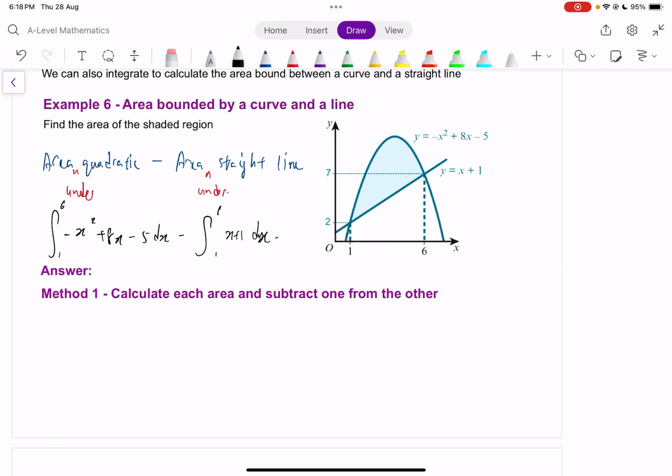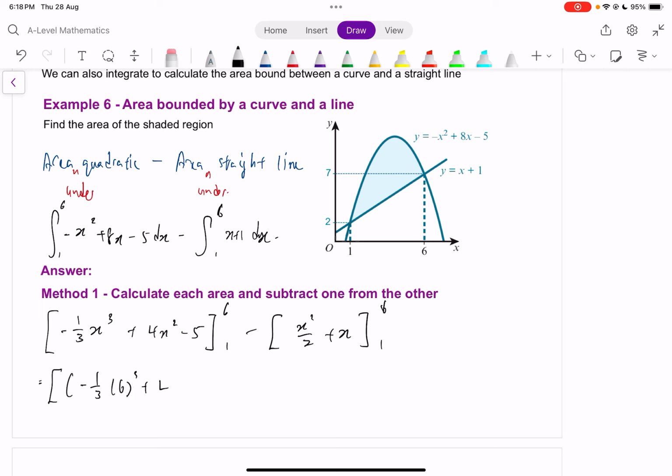So that makes it, my brain is not working, negative x cubed over 3 plus 4x squared minus 5x, from 1 to 6, minus x squared over 2 plus x, from 1 to 6. Make sure to put your brackets properly. This is the one where you can get messy, and I forgot x over here.